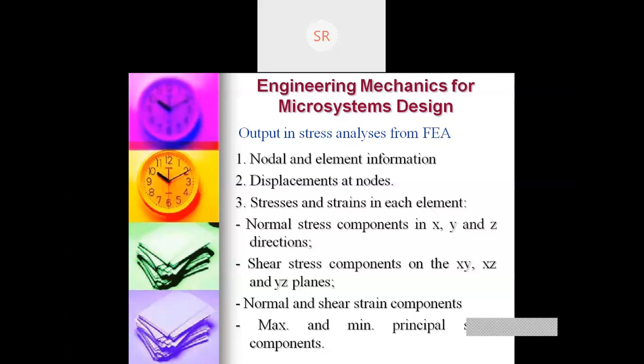Say for example, I want to design a particular electronic module, say I am designing a motor, and I give so and so current. Because of the current flowing, an electromagnetic field is generated. Where is the maximum electric field generated? Where is the minimum electric field generated? That I can also design.